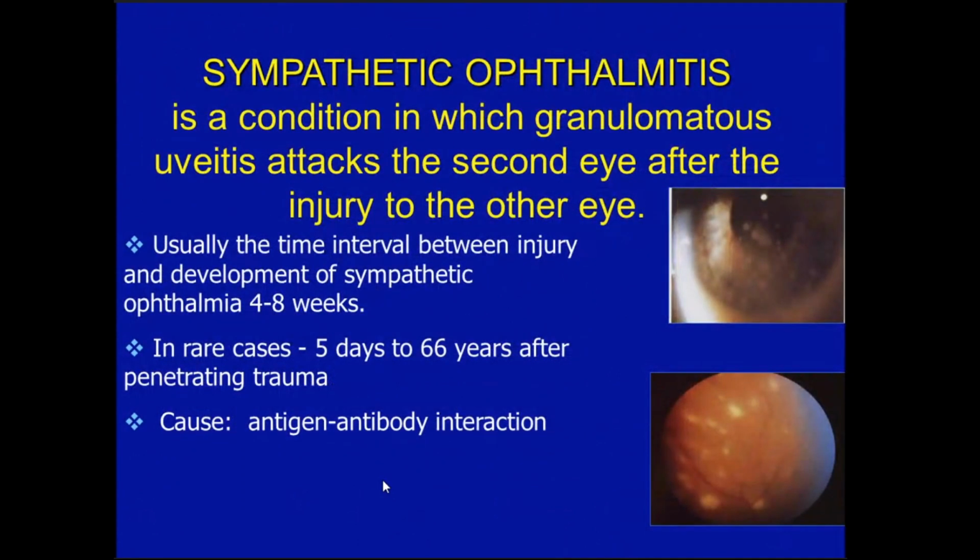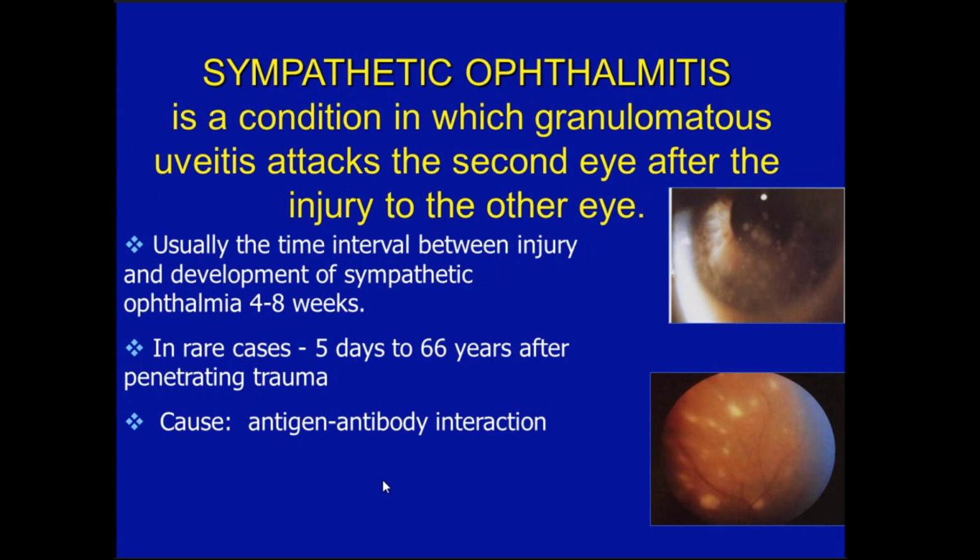Some words about a very severe complication of the penetrating eye wound, sympathetic ophthalmitis. This is a condition in which granulomatous uveitis attacks the second eye after the injury of the first eye. So this is inflammation of the healthy, normal eye.